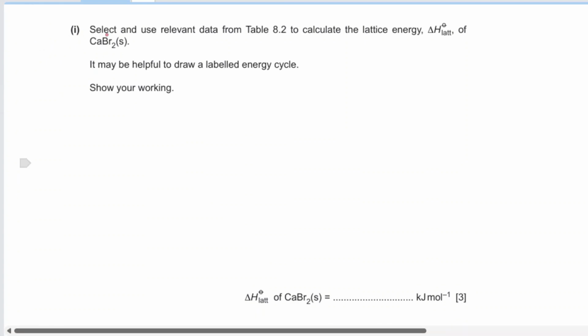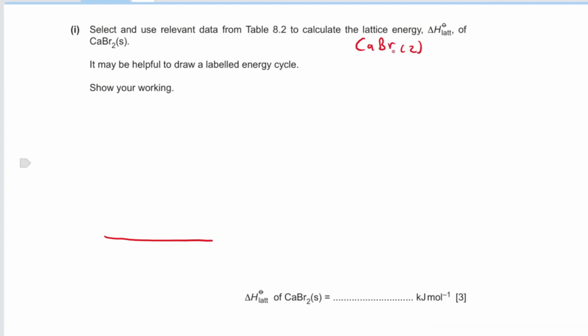Right, so we'll start to draw our Born-Haber cycles. If you guys remember, when we are drawing the Born-Haber cycle, usually over here down, the first thing that we keep, so we have CaBr2 as a solid. CaBr2 as a solid is made from calcium plus bromine, right?